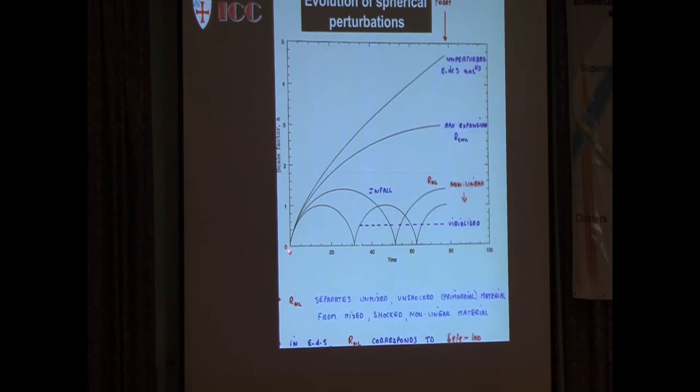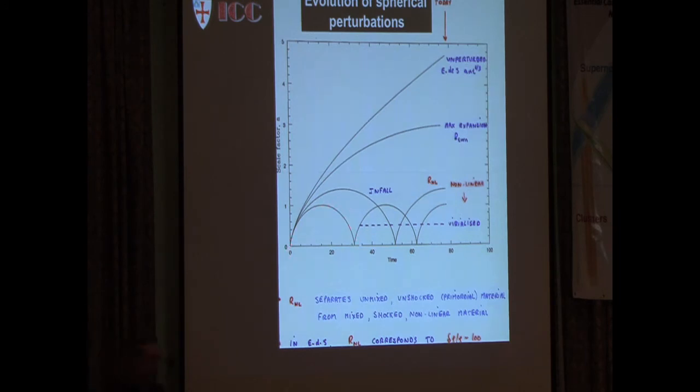Now, here we have a perturbation that is expanding with the universe, but because it's growing, it's becoming heavier and heavier, if you like. It accretes more mass until it becomes so massive that it stops expanding and then collapses. And this spherical Top Hat model describes how this collapse happens and when it occurs.